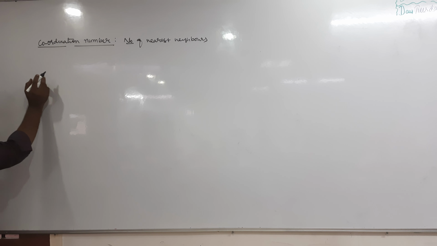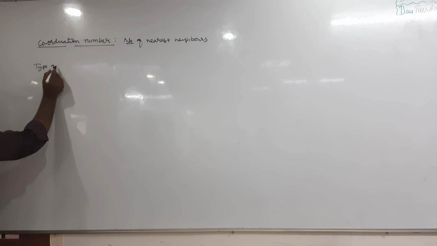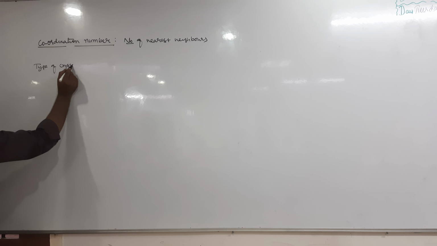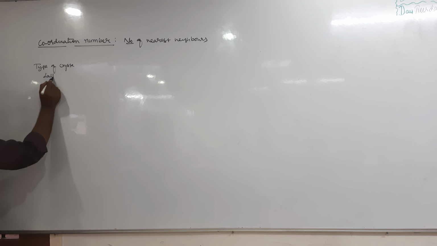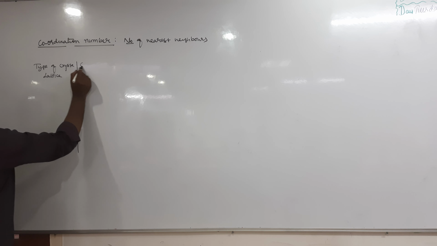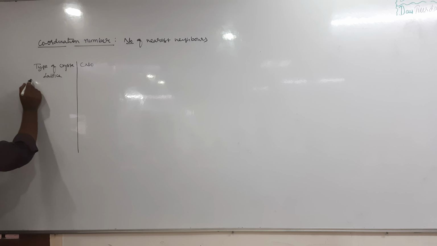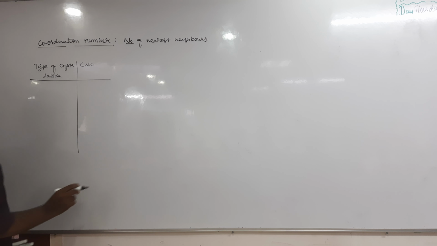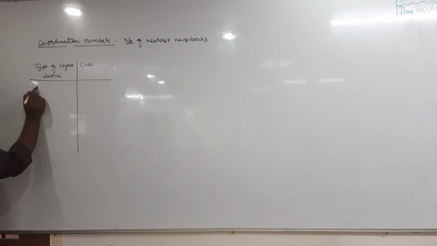Okay, then take this tabular column: type of crystal lattice and coordination number. Type of crystal lattice, coordination number. 1. Simple cubic crystal.